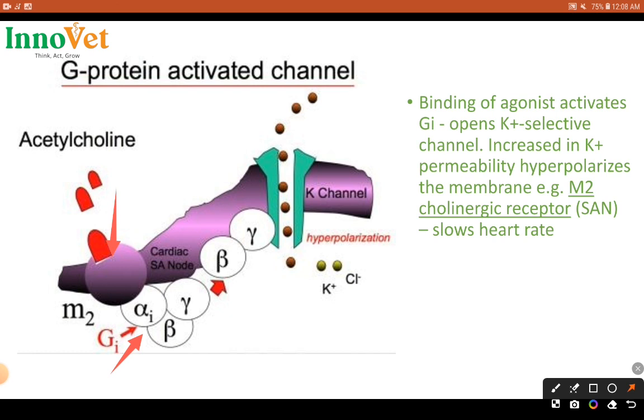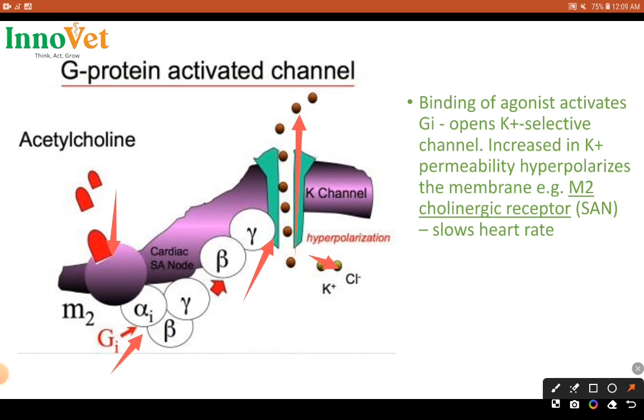And when acetylcholine binds to this receptor, which is G-linked, the alpha unit will break off. Then the beta and gamma unit will go and bind to the ion channel, causing it to open, leading to exchange of ions. So there will be efflux of potassium ions and influx of chloride ions.